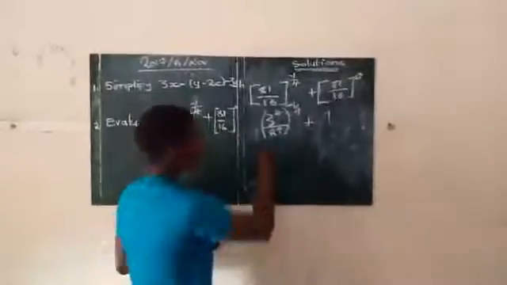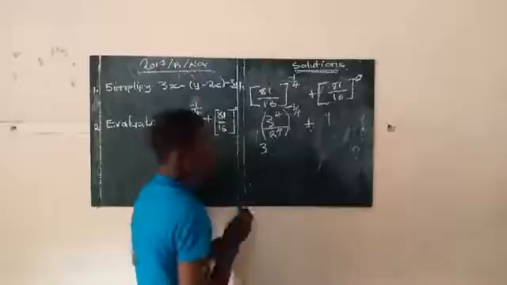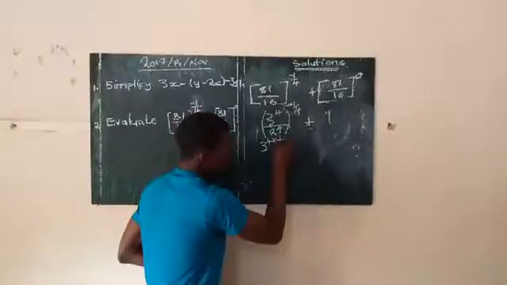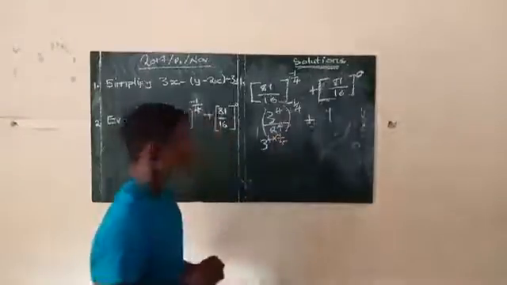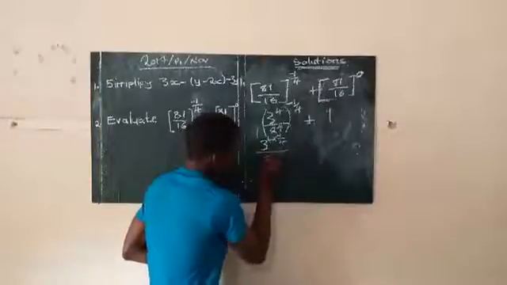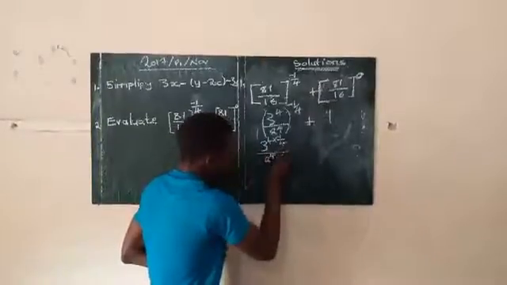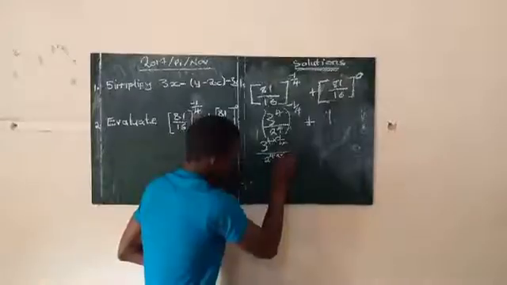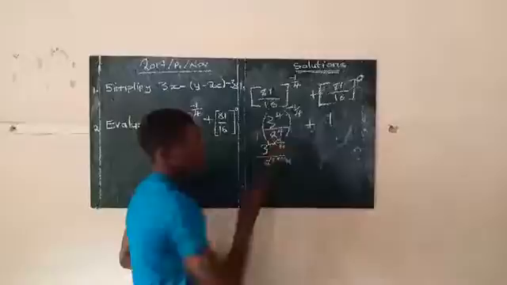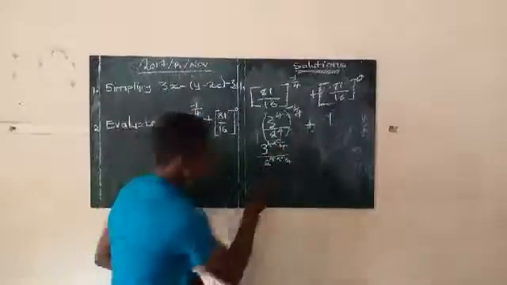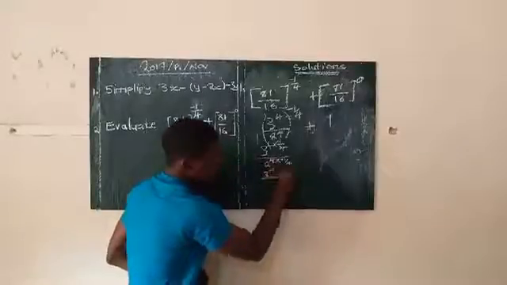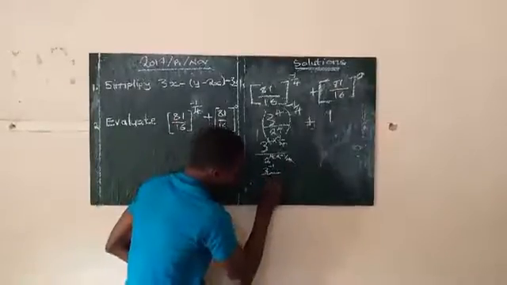So when we multiply 3 power 4 by negative 1 over 4, then over 2 power 4 multiplied by negative 1 over 4, you notice that the 4 there and the 4 there will cancel. And you will remain with something like 3 power negative 1 over 2 power negative 1.